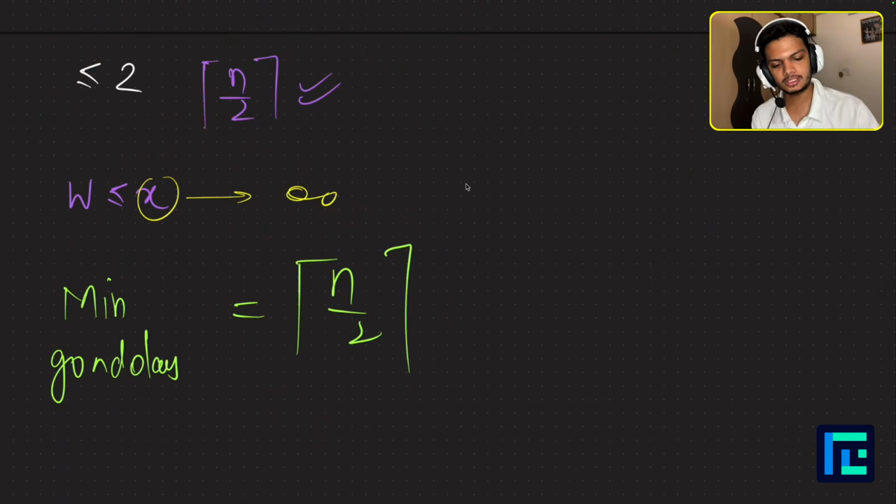So this is our ideal goal, but because of this constraint, it is creating a problem. So we'll still try to pair the guys. When you try to pair the guys, what can go wrong?